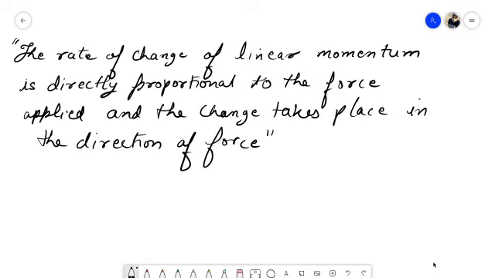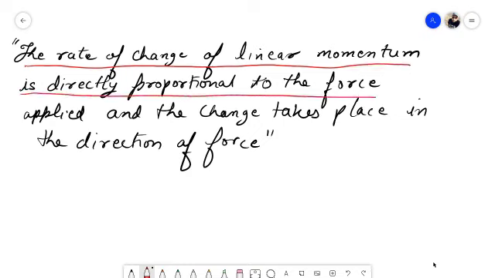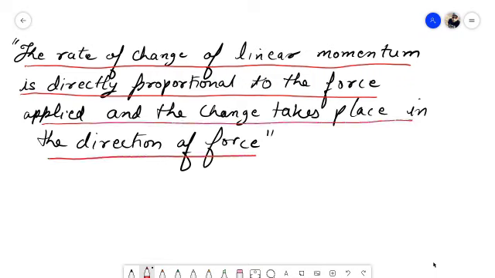That is, the rate of change of linear momentum is directly proportional to the force applied, and this change takes place in the direction of force. So it is the rate of change of linear momentum, not the change of linear momentum, that is directly proportional to the force applied.